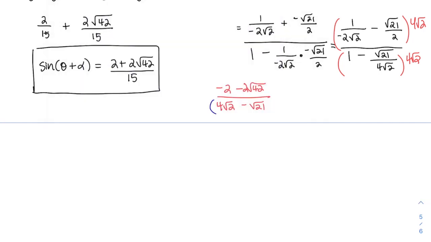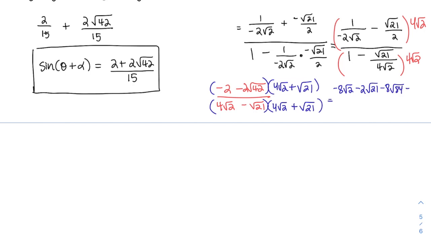Last thing we need to do is multiply by the conjugate to help us simplify. Rationalize is what we're doing at that point. 4 radical 2 plus radical 21, 4 radical 2 plus radical 21. And we get negative 8 radical 2, minus 2 root 21, minus 8 root 84, minus 2 times, it's going to be 42 root 2 if you simplify that.